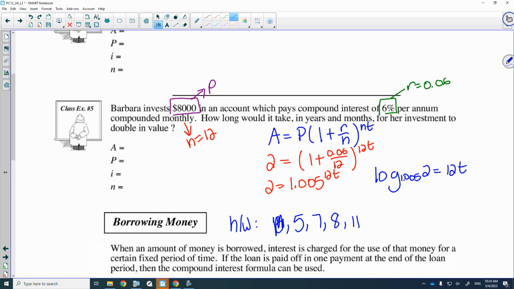So type that log on your calculator, get your answer, divide it by 12, and you're going to have how many? Wait a second. Time.